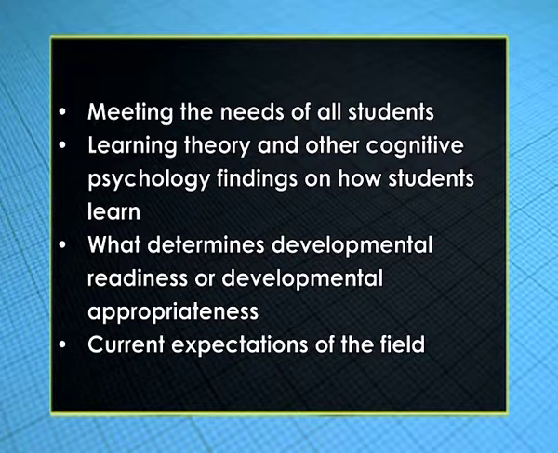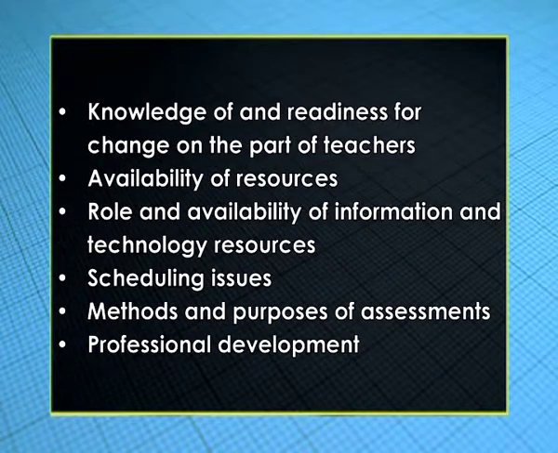Fourth, the current expectations of the field. Fifth, the knowledge of and readiness for change on the part of teachers. Sixth, the availability of resources. Seventh, the role and availability of information and technology resources. Eighth, scheduling issues. Ninth, methods and purposes of assessing, and last, professional development.